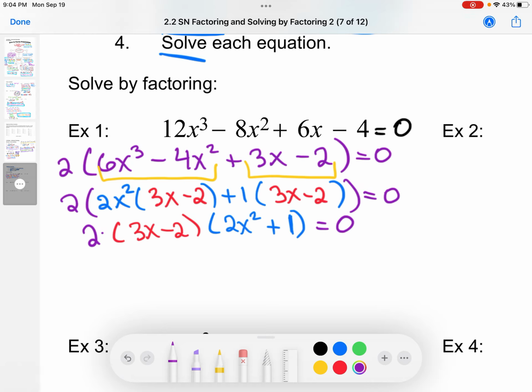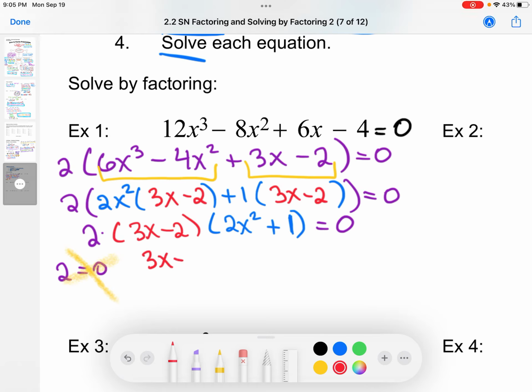Now, step 3 says to set each factor equal to 0. Well, 2 is a factor, but if we set it equal to 0, there's nothing there to solve. So we don't worry about the constants. If there's not a variable, it won't cause a solution.